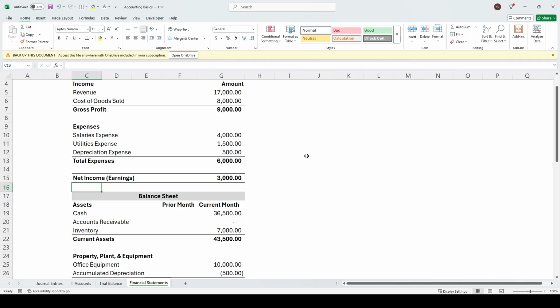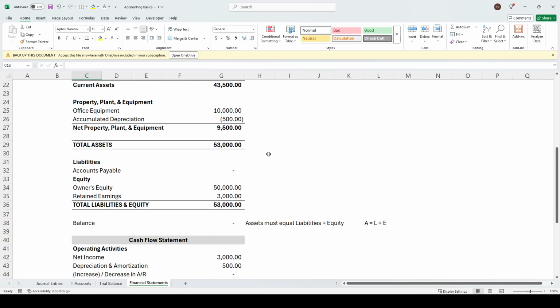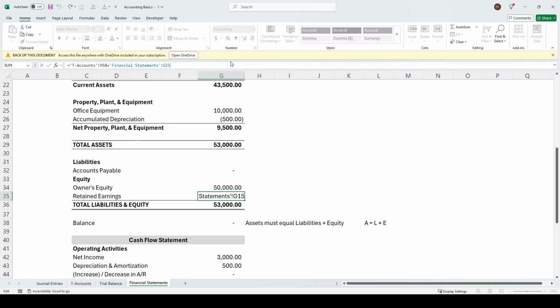And so typically, if a business were to distribute money, we would actually factor in distribution as part of this retained earnings calculation. So let's say the business distributed $2,000, our retained earnings would be $1,000. However, in this case, we will assume that there was no distribution made, and so we'll just leave our retained earnings at $3,000.